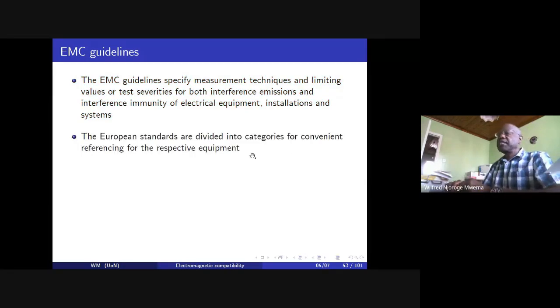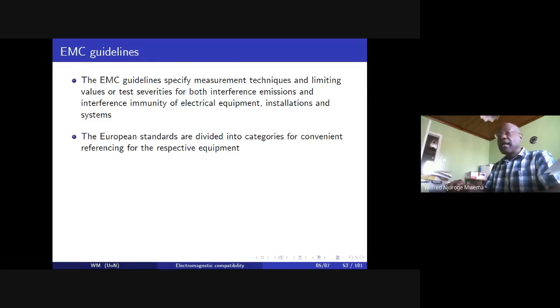So the European standards: since Kenya can barely be considered a manufacturing country, most of our equipment is made outside, and therefore we are just importing. So most of the time, the people involved with the standards will ask the manufacturers that any equipment you want to sell in Kenya must meet the following standards, and most of the standards will be adopted from the European standards.